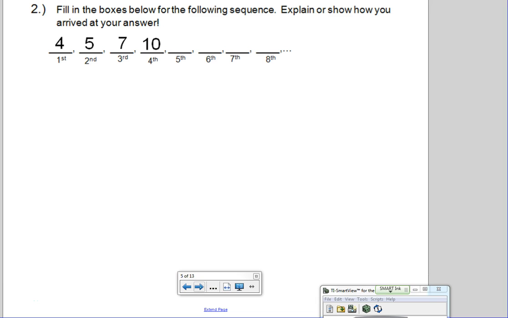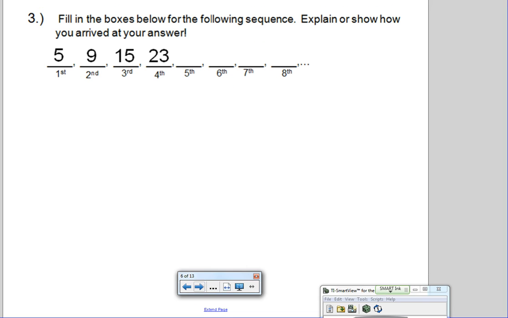On the next one, again, following a pattern. Let's see. First it's add 1, add 2, add 3, and therefore we can probably figure out the rest. Okay, and if we look at the last one, let's see what's happening.